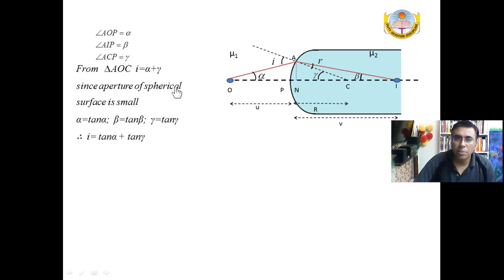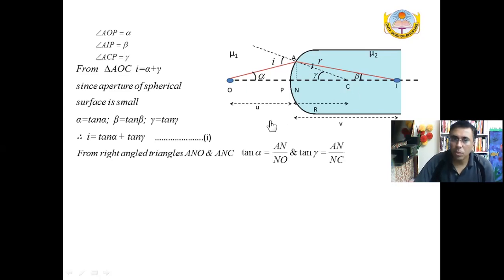So the same expression i equals alpha plus gamma can be written as i equals tan alpha plus tan gamma. Let's call this equation number 1. Now from right angle triangles ANO and ANC, I can write tan alpha as AN upon NO and tan gamma as AN upon NC.